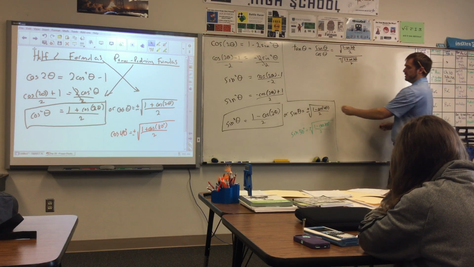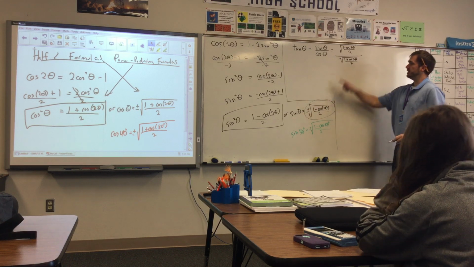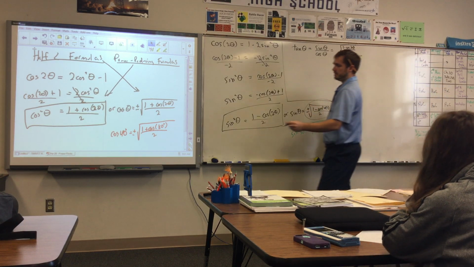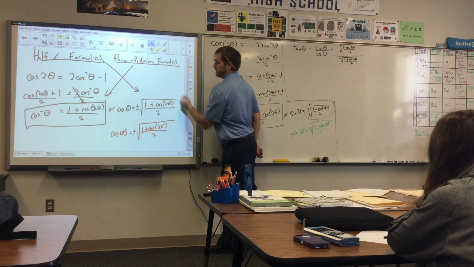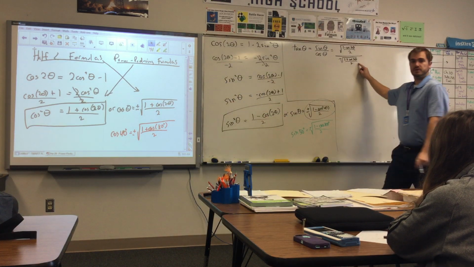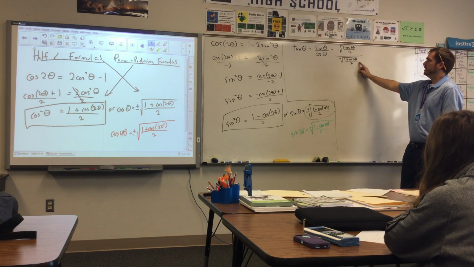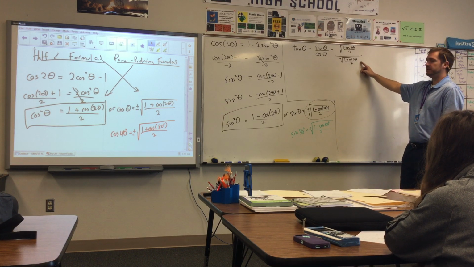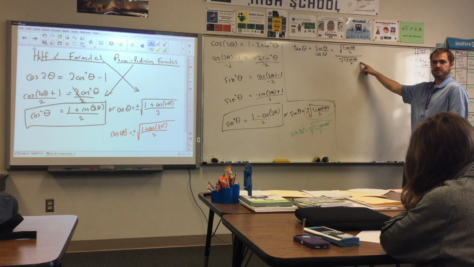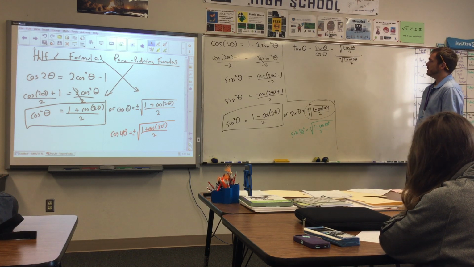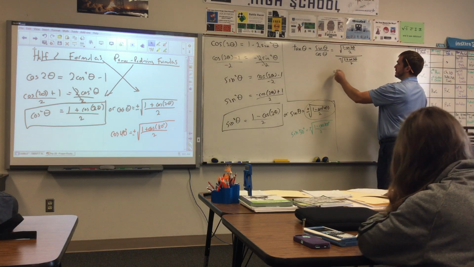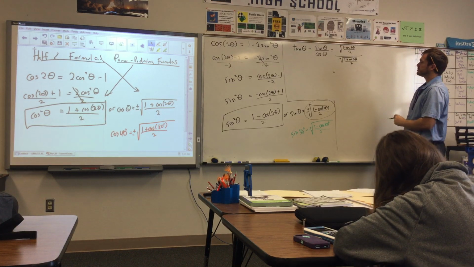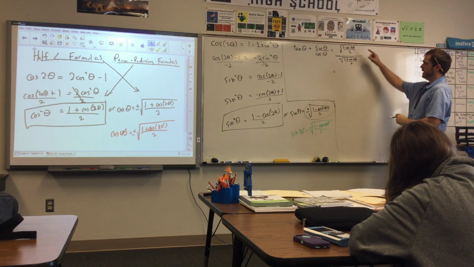You see I just plugged that in for sine, and that right there for cosine. Believe it or not, mathematicians don't like to leave things ugly, and this is pretty ugly for us. So what we're going to do is a couple things.